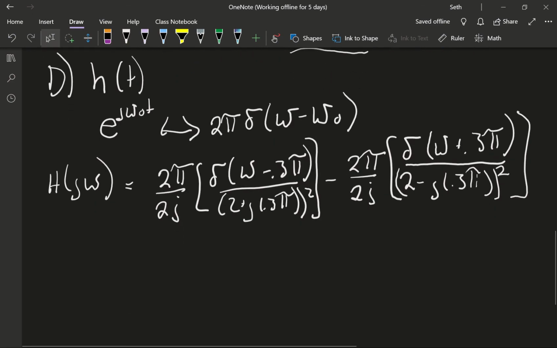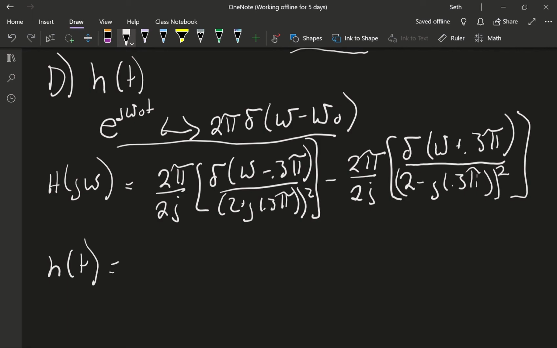Okay, let's reverse this transform to get h of t. We can see it pretty clearly now. h of t equals 1 over 2j times, over 2 plus j 0.3 pi, we got the e to the j omega naught t.